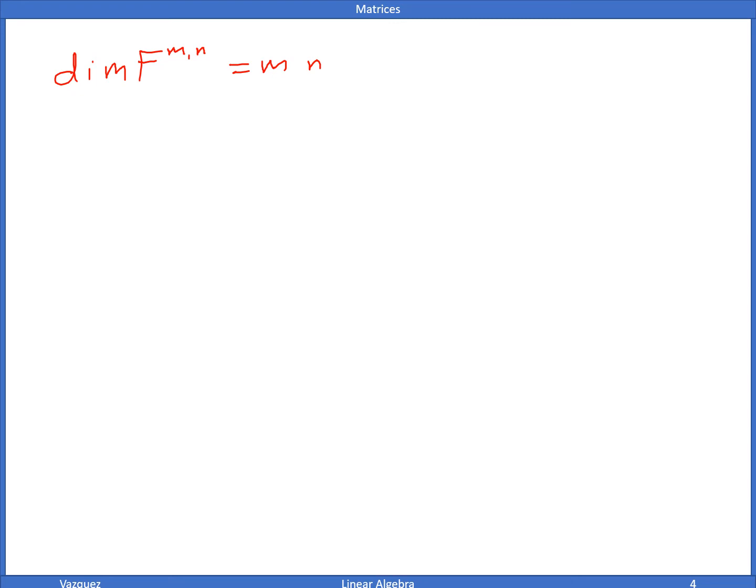Well, if we have an m by n matrix, our basis would just be 1 in the first component, 0 everywhere else, so on and so forth. And then, well, that's just one matrix of the basis. Another one would be, we take 0 in the first component, and then 1, and then 0 everywhere else, so on and so forth.